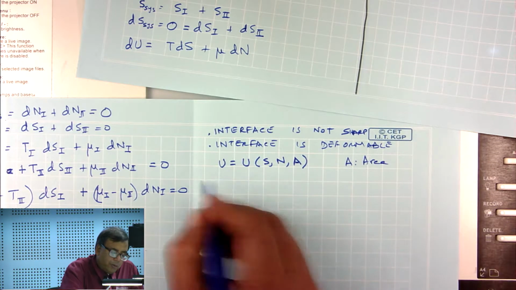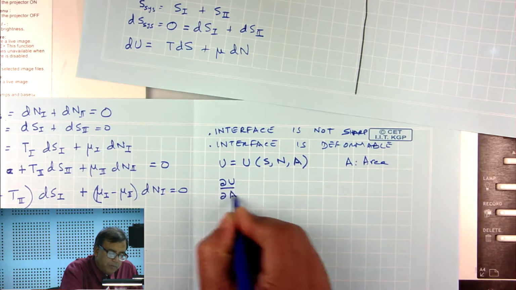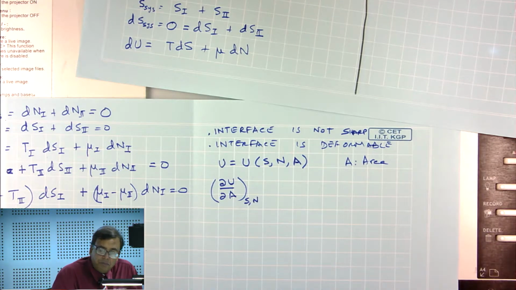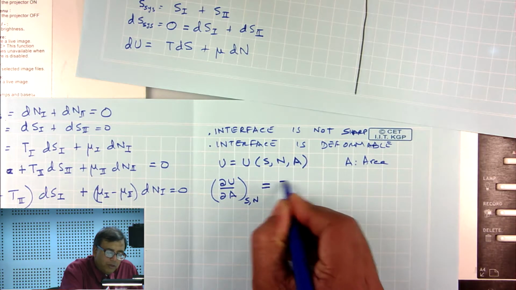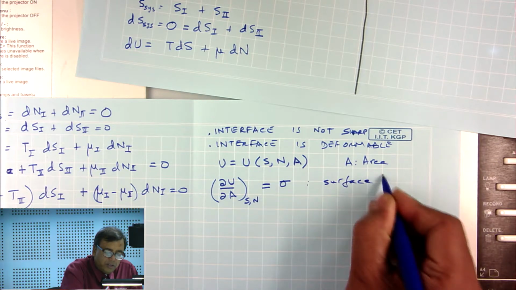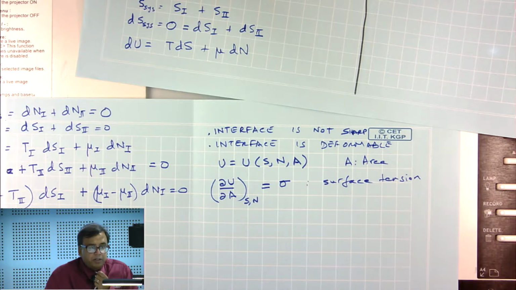So, now I am going to come up with a factor which is del U del A for S and N being constant, and I am going to call it sigma, which is surface tension. That is the formal definition of sigma, the surface tension.